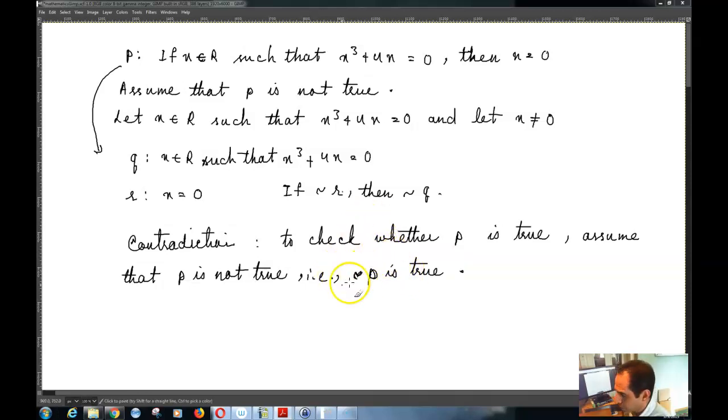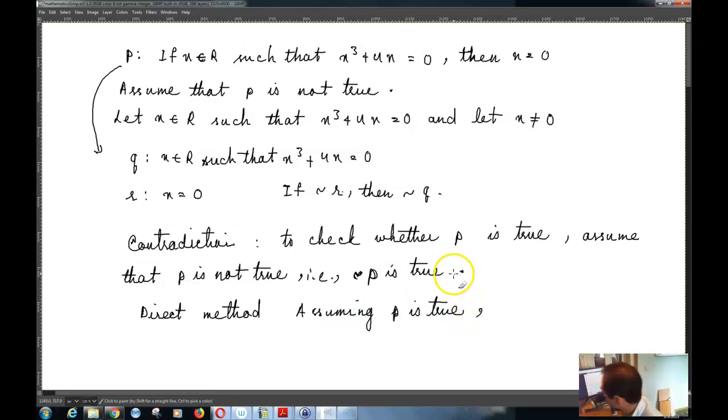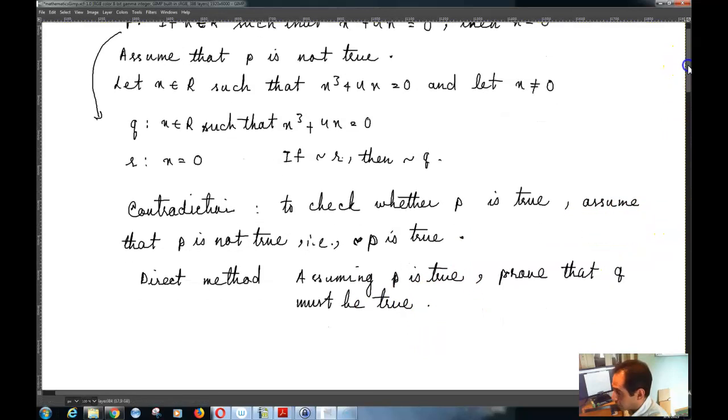First, which was called the direct method, we showed that assuming P is true, we prove that Q must be true. That was the direct method.